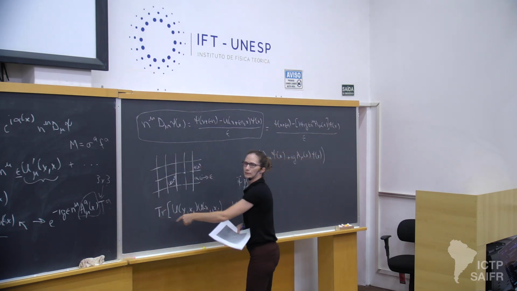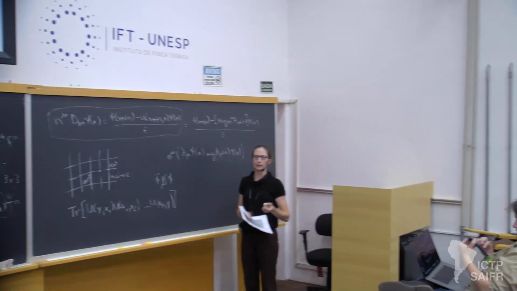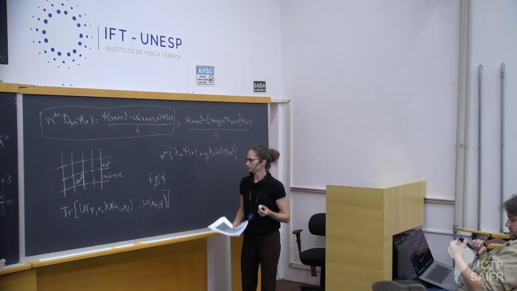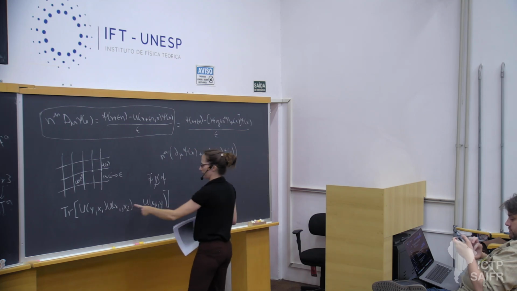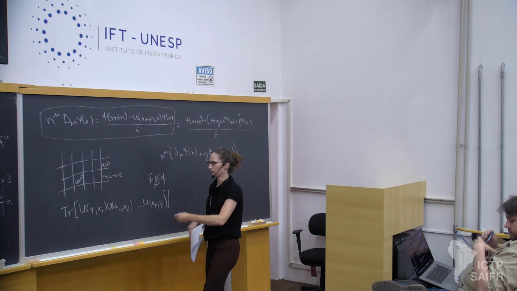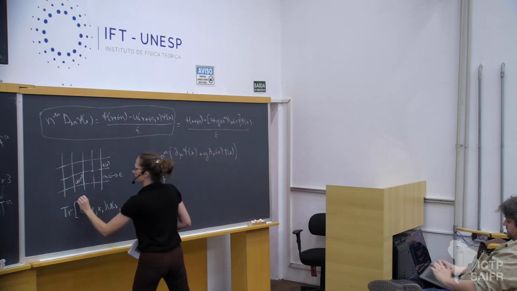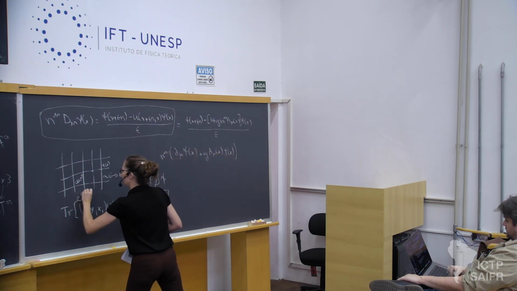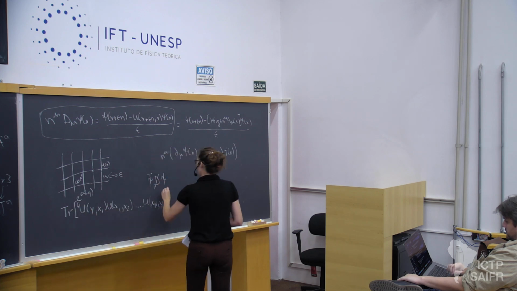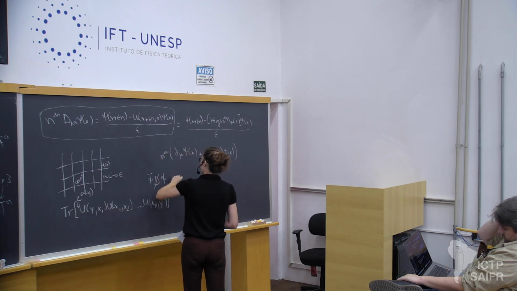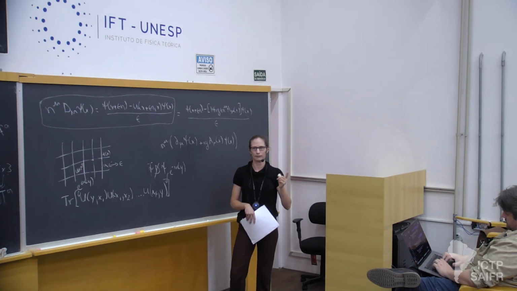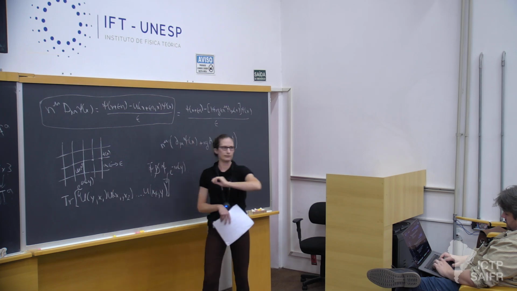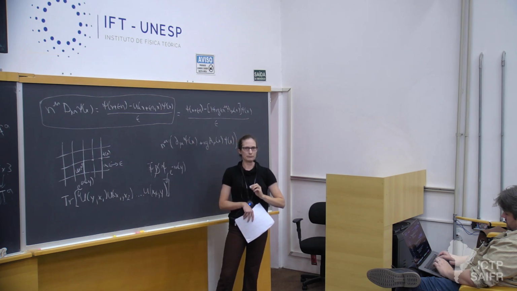So I have to trace over my indices so that I get something that's a scalar in color space. Then if you plug in this transformation, all of the ones in the middle are going to cancel each other. You're going to get an e to the i alpha y on the left and an e to the minus i alpha y on the right, but I'm tracing it, so it's cyclic. I can move this thing over here and it cancels. This whole thing does not transform under a gauge transformation. That's what we want, something that's gauge invariant.